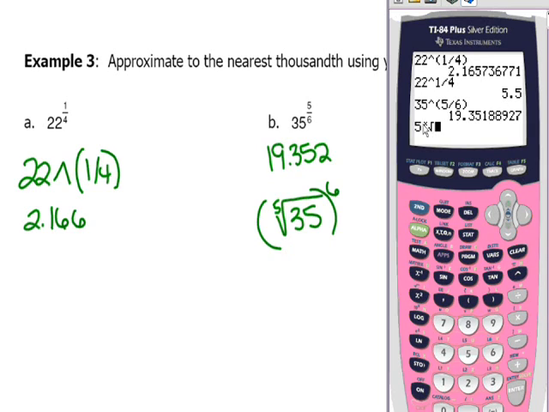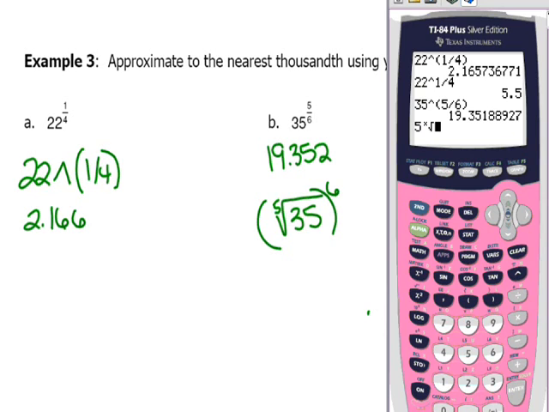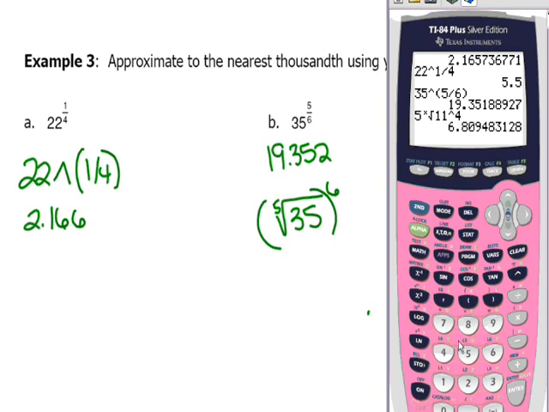All right, so this tells me I'm taking the 5th root, and then it was of 11. All right, 5th root of 11, and then I'm going to raise that to the 4th power, and that gets me 6.089.